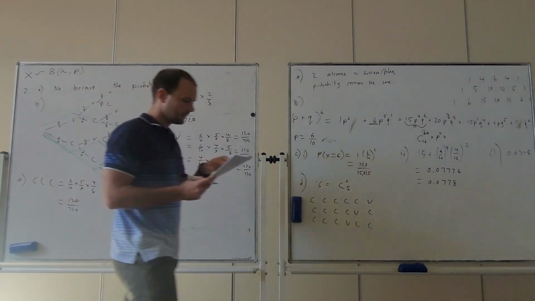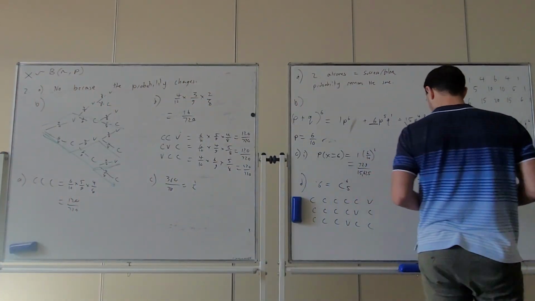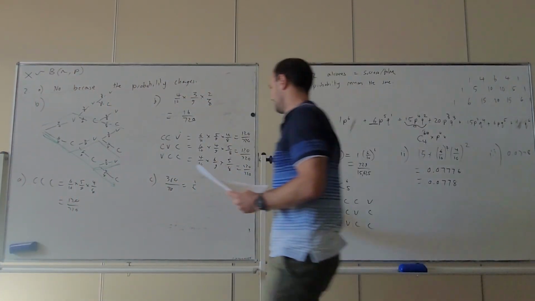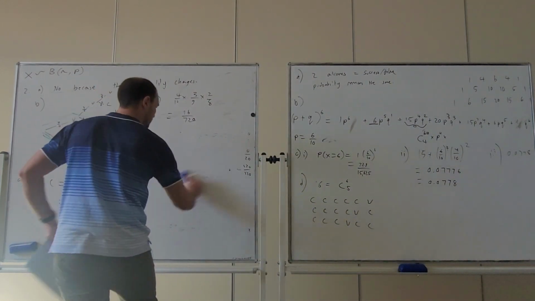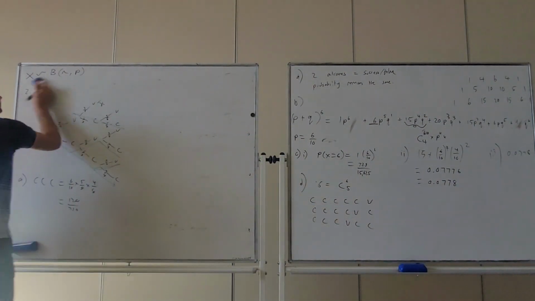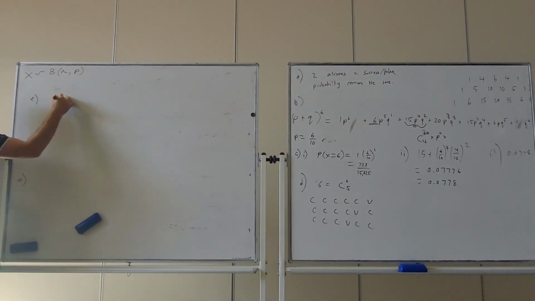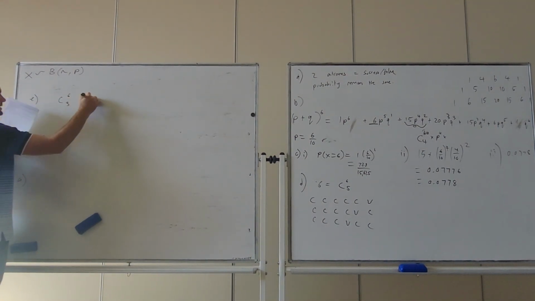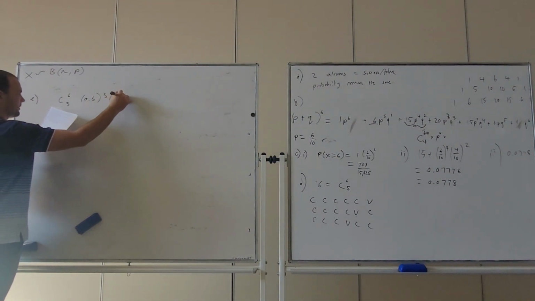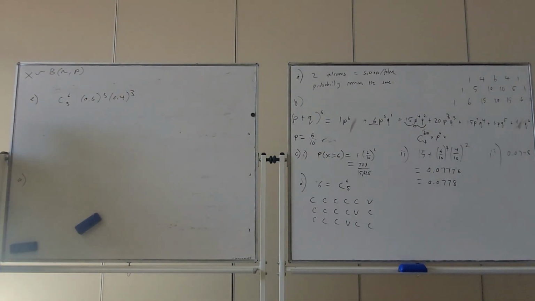Okay, part E, calculate this event and interpret its meaning. Let's jump up here. C(6,3) times 0.6 to the power of 3, 0.4 to the power of 3. So we can calculate that.